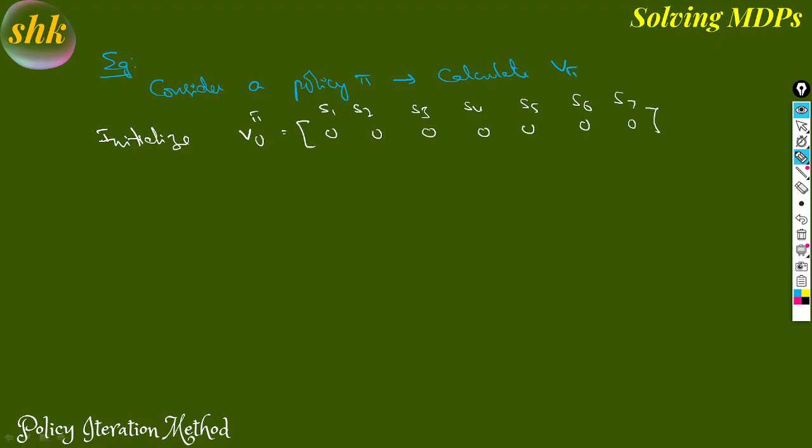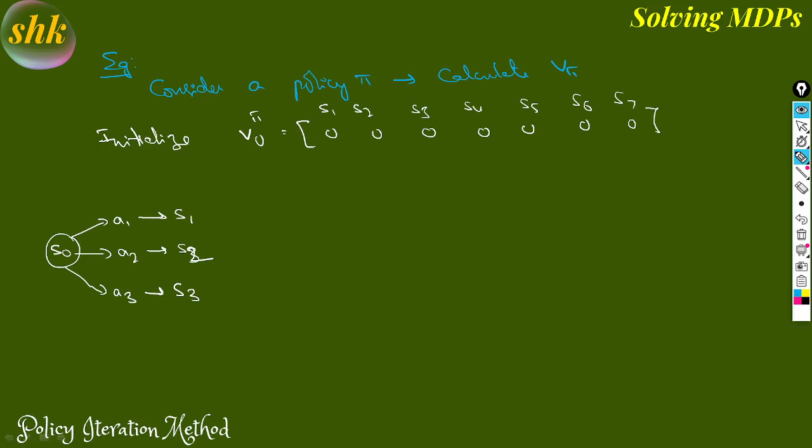Now let us assume we are in the S0 state. If we take action A1, we reach the state S1. If we take action A2, we reach a new state S2. If we take action A3, we change the state to S3.